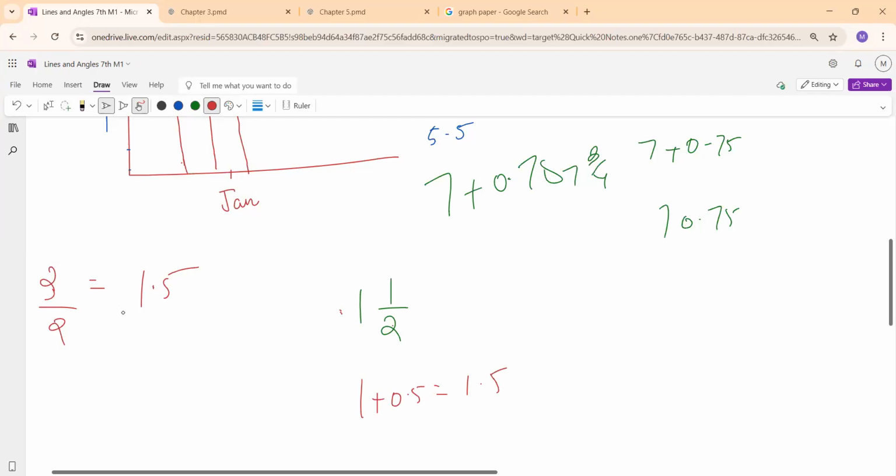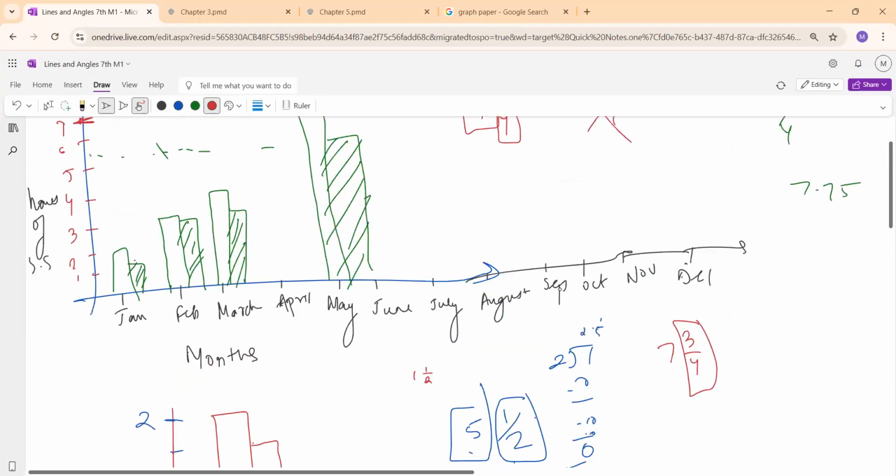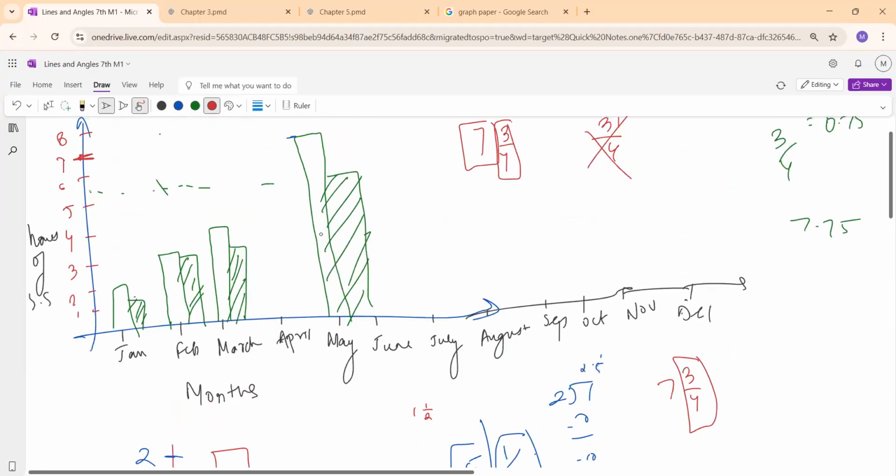Yes, Halima? Let that be 0.05, right? Because when you zoom in on the bar graph, you can easily put in 0.5. Yeah, true. We can say 1 and 0.5, but how will you say it is 1 and 0.5, or 7 and 3/4, 7 and 0.75?